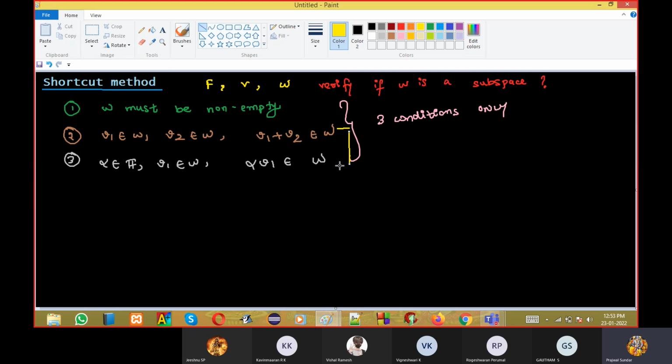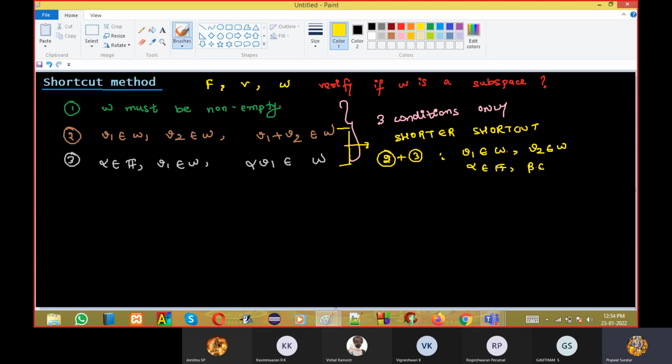We can create an even shorter shortcut, by combining condition 2 and condition 3. How? Let V1 belong to W, let V2 belong to W, let alpha belong to the field, let beta belong to the field.